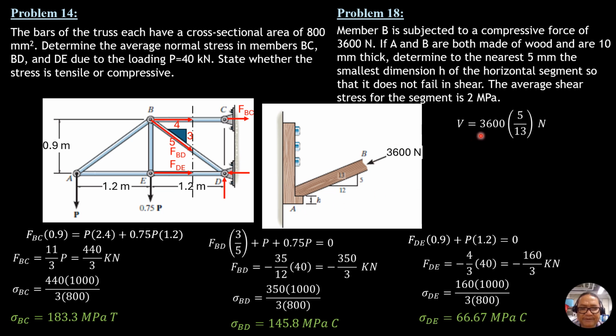So shear force 3,600 times 5 over 13, and we equate that to 2 megapascals times shearing area. Shearing area is 10h. So 2 equals shear over shear area, or 2 times shear area, 10h, equals shear force. Solving for h is equal to 69.23. Since we have to round it up to the nearest 5 mm, the next 5 mm is 70 mm.